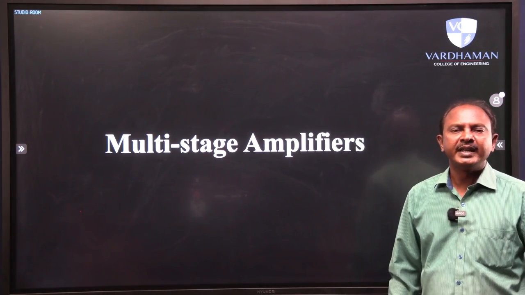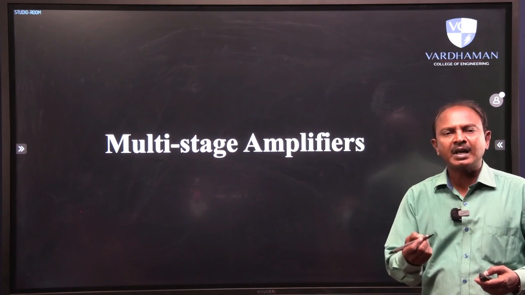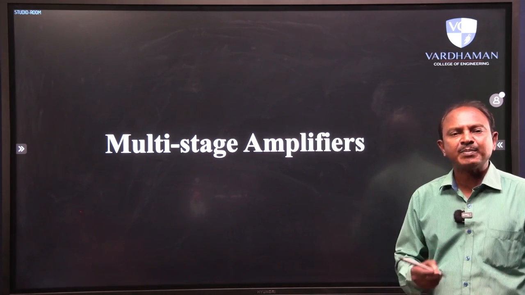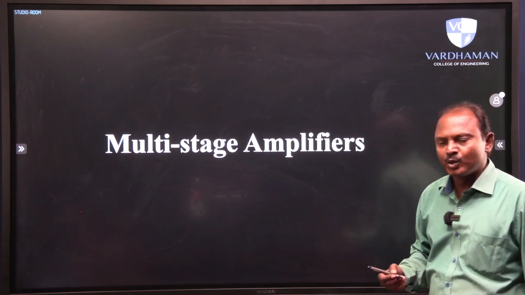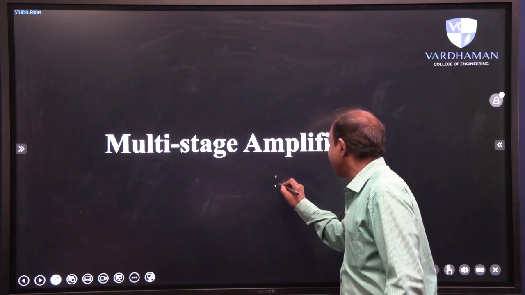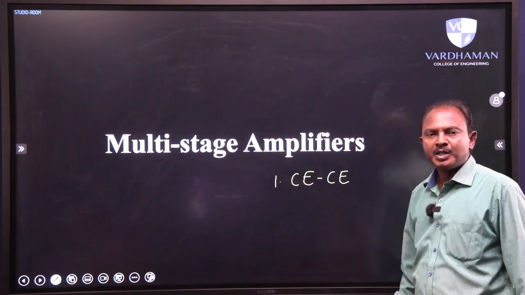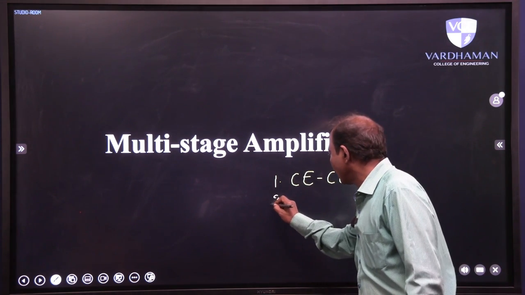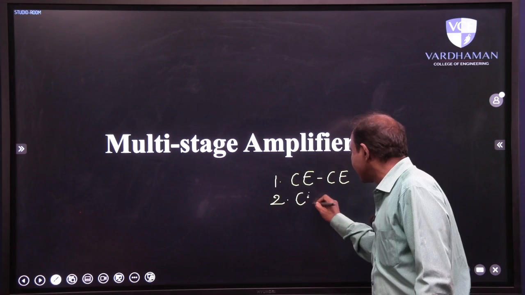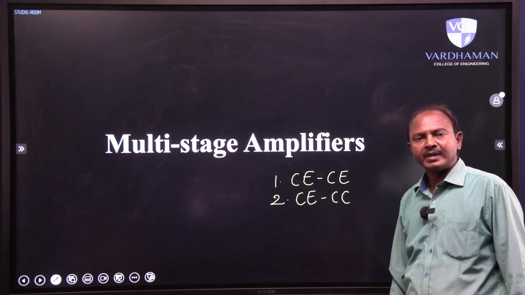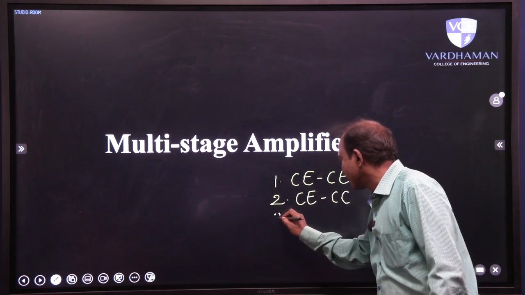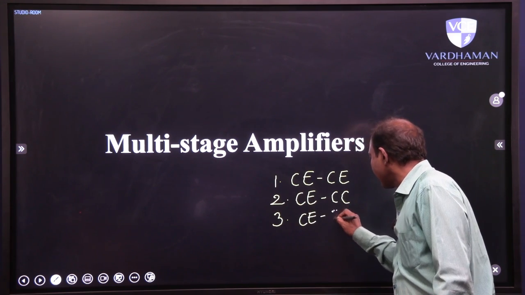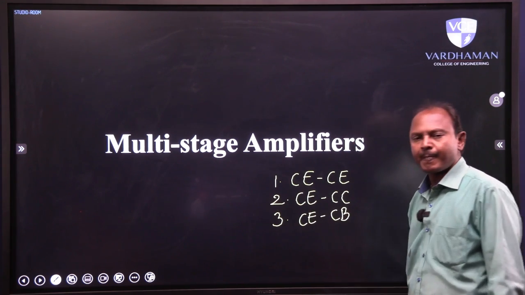Depends upon the configurations we use for cascading, multi-stage amplifiers are classified into number one, CE-CE or two-stage RC coupled amplifier. Number two, CE-CC cascade amplifier. Number three, CE-CB cascode amplifier.